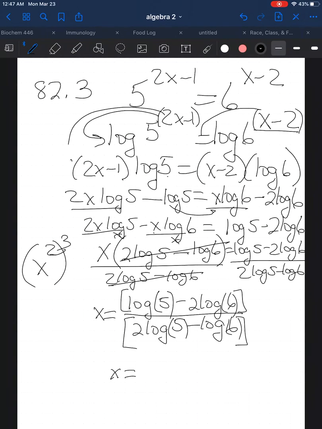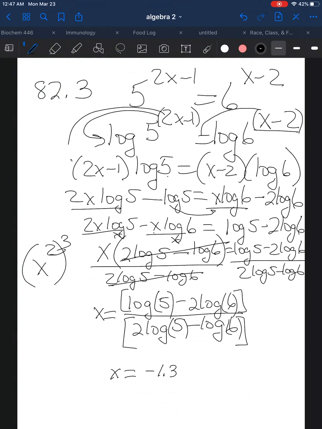So I'm putting parentheses, log 5, close the parentheses, minus 2 log 6, close it twice, divided by, open a parentheses, 2 log 5, close it, minus log 6, close it twice, and then enter.